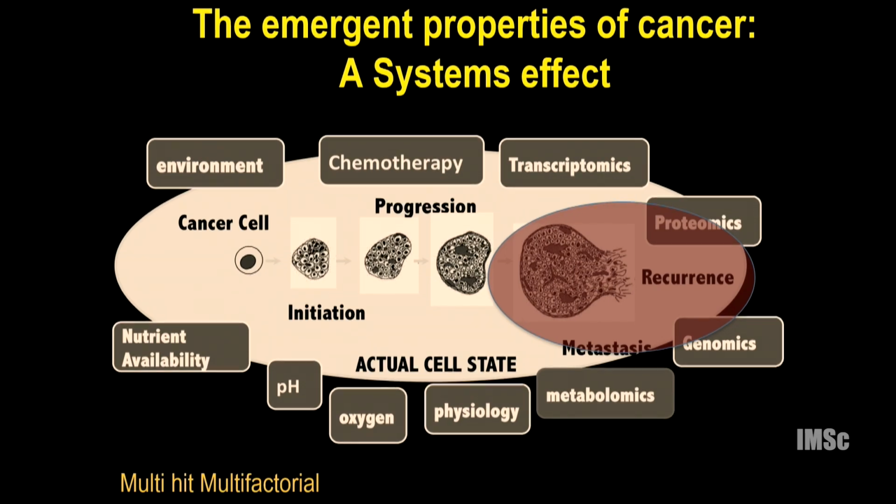And it's multifactorial because it depends on different microenvironments that the cell is subjected to, the human is subjected to, including nutrient availability, the oxygen levels, chemotherapy, the environment, etc. And it's further complicated by two very unique features, that is metastasis and recurrence.